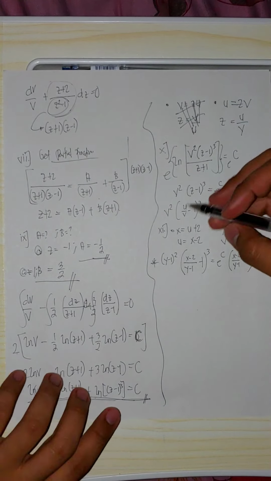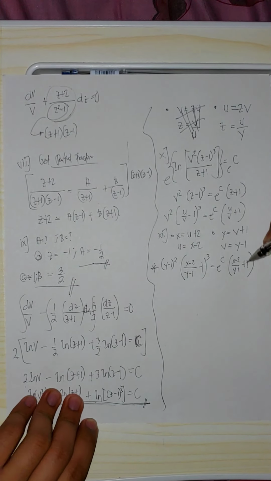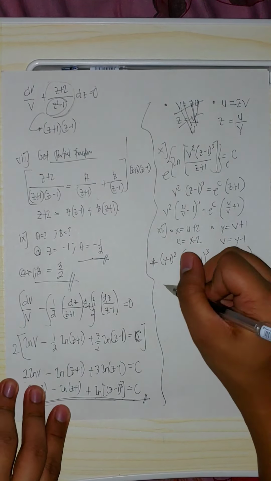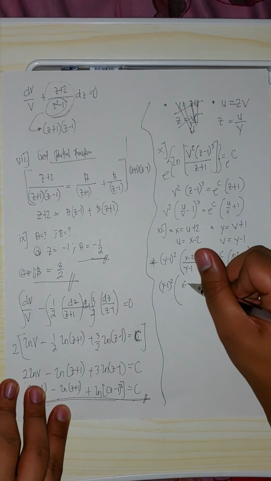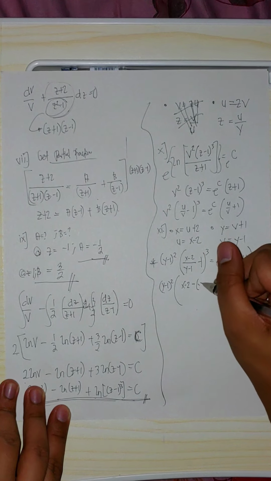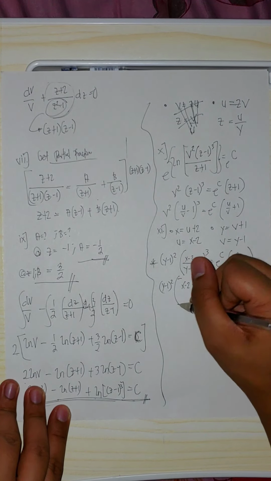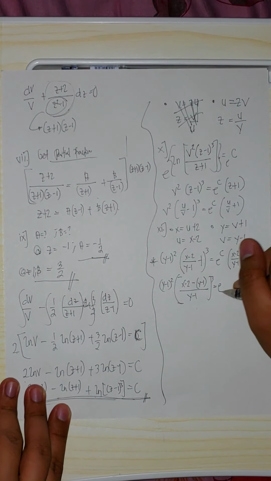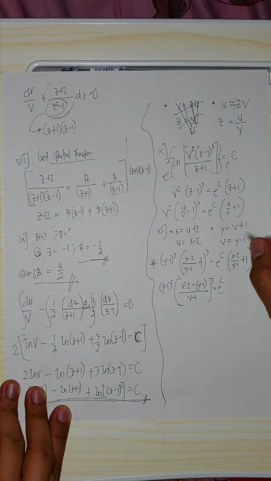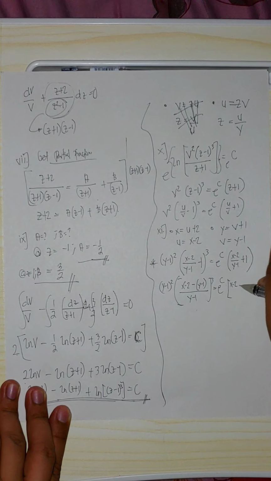So I will make this a single fraction. Then this becomes y minus 1 squared times x minus 2 minus y minus 1 over y minus 1 cube is equal to e to the c times x minus 2 plus y minus 1 over y minus 1.